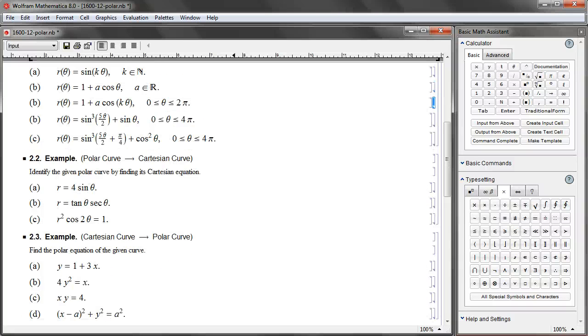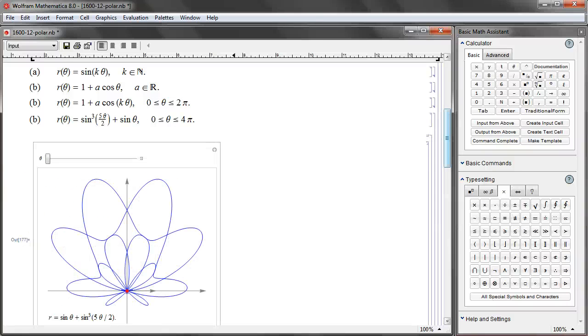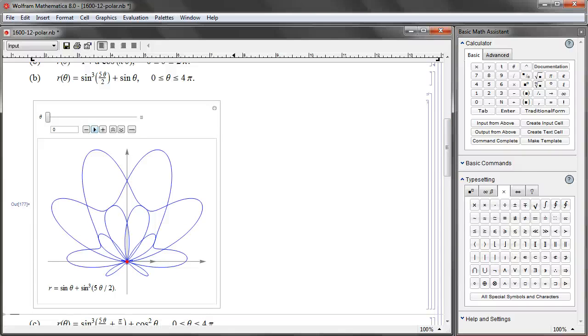The next picture is coming from the textbook, and this picture reminds me of flowers, so I usually call it flower, and aesthetically it's beautiful. I think that's why our textbook author brought this one, the textbook.